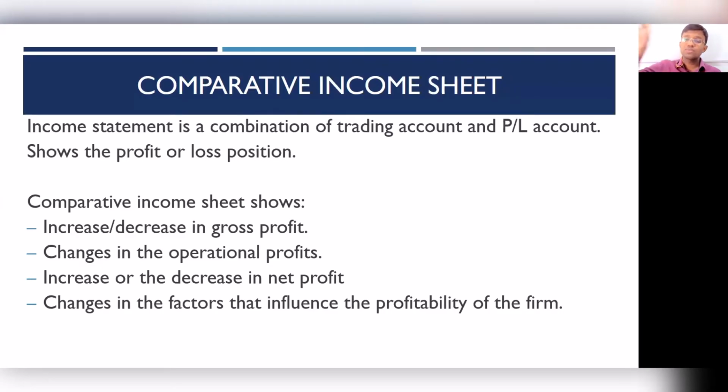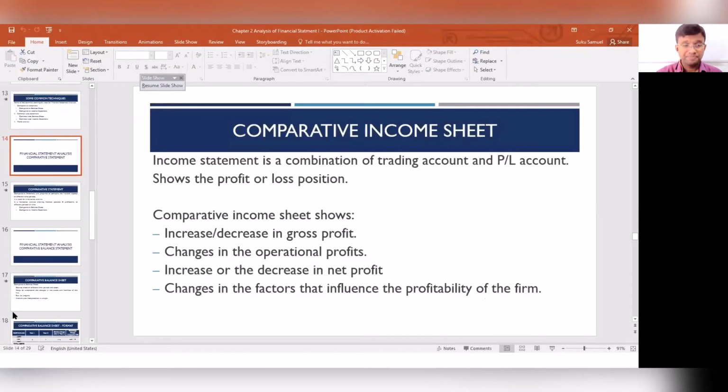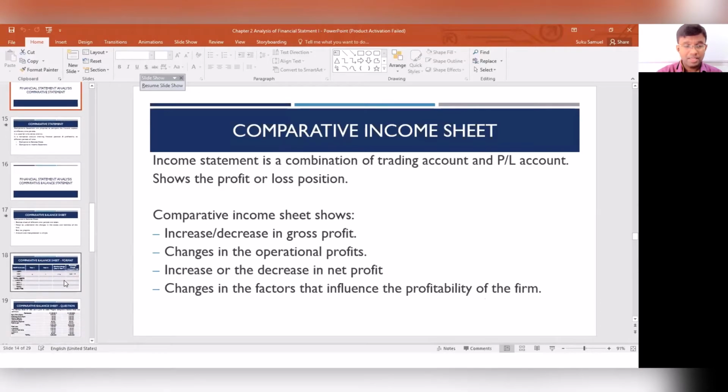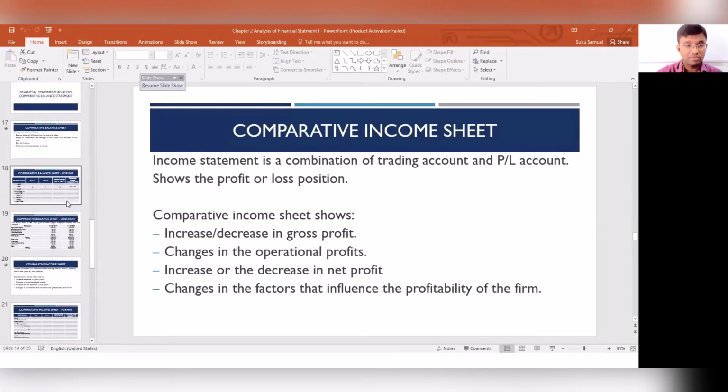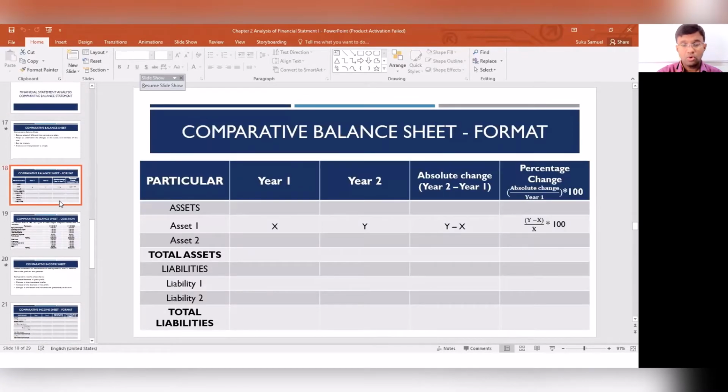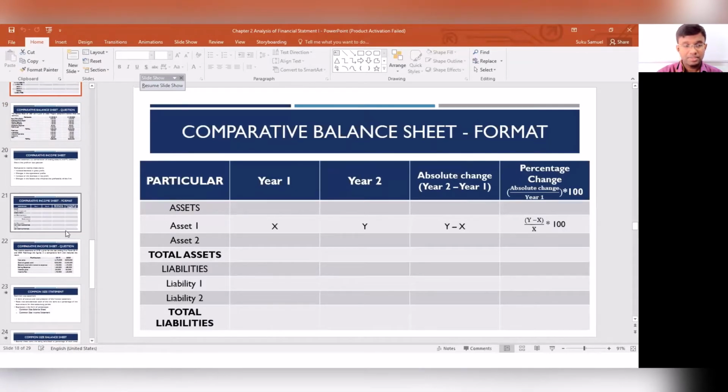What kind of expenses would be impacting the operational or the overall profitability of the firm? For this, we will have to prepare the comparative income statement. So, in a nutshell, these are some of the reasons why we go about preparing the comparative income statement.